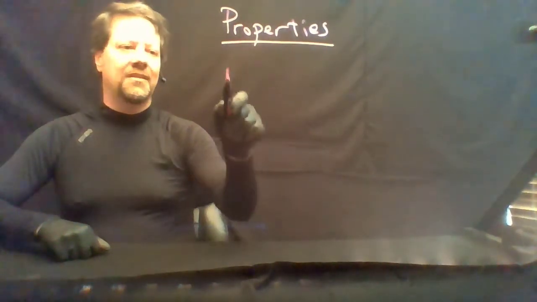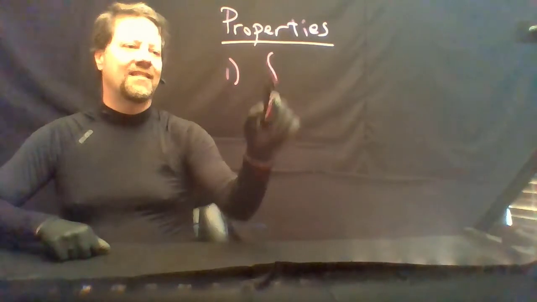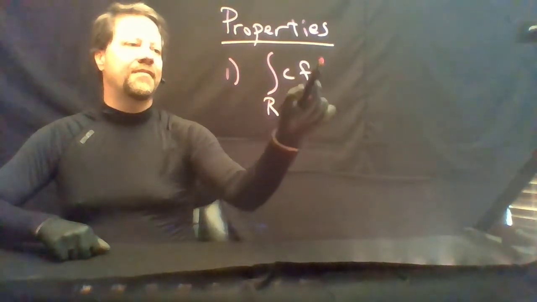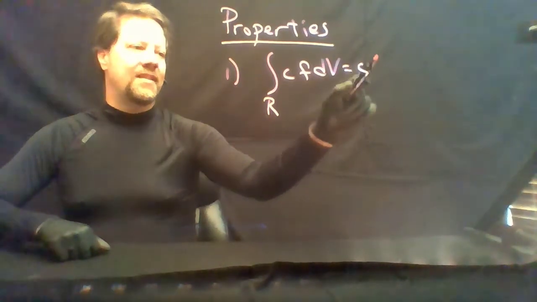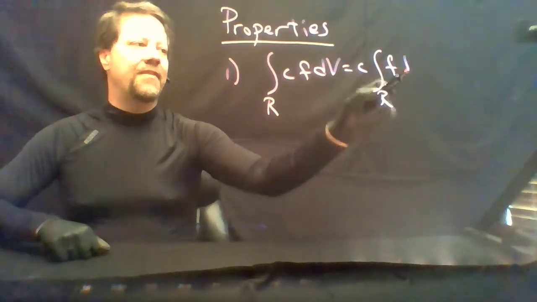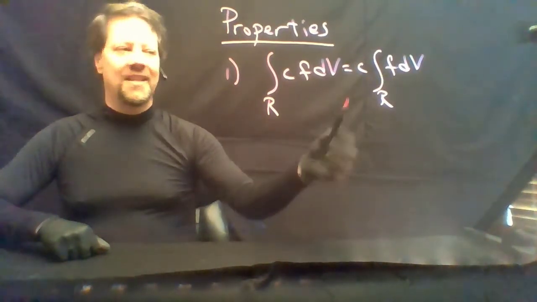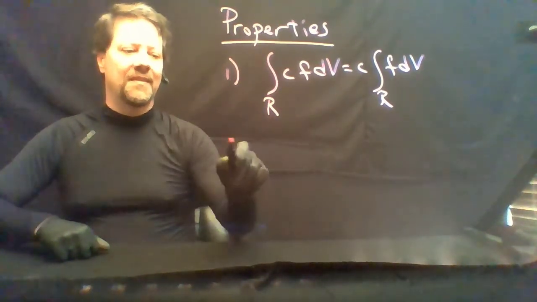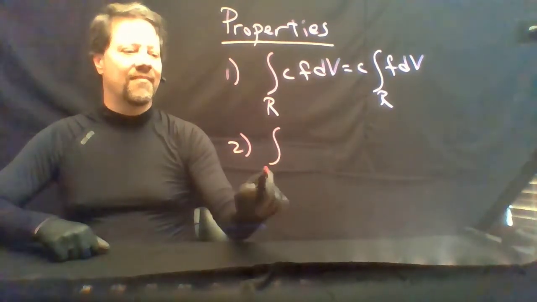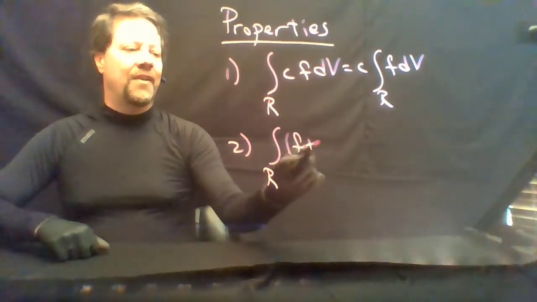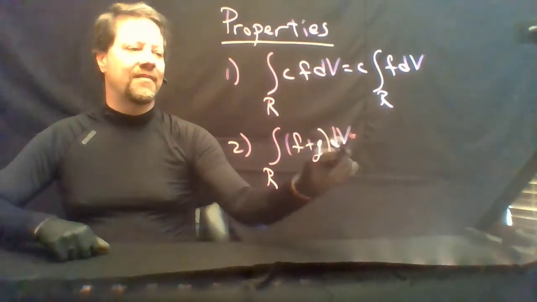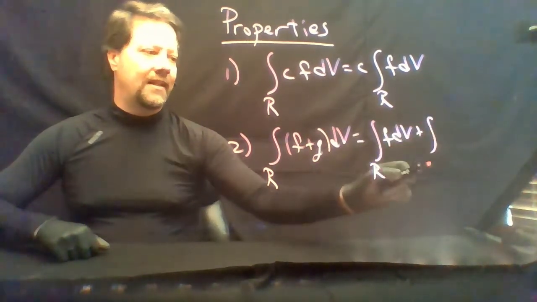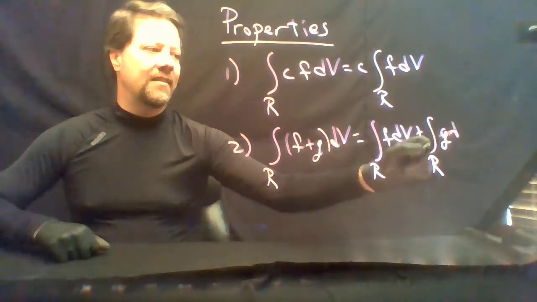Properties of the triple integral are, as you might expect, the integral on some region of a constant times f is a constant times the integral on R of f dv. You can see that constants pull out of sums and out of limits. So this theorem is true. If you have f plus g, you can integrate f first and integrate g next.